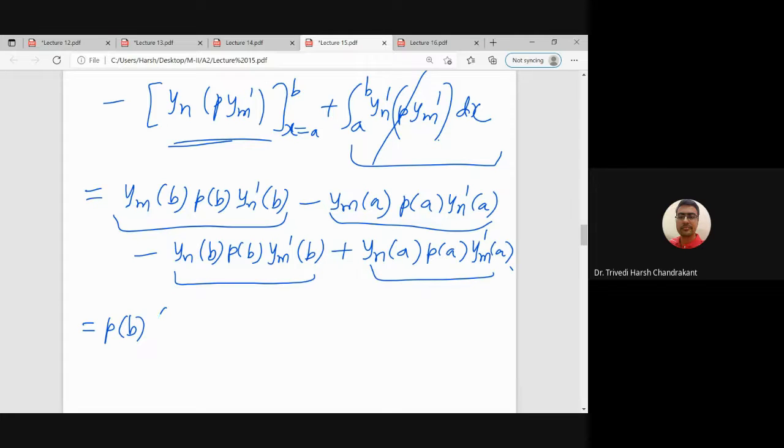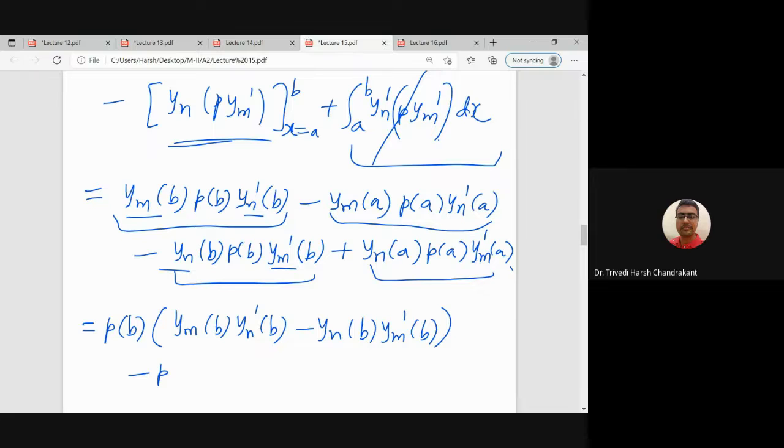So the coefficient of p b will be ym b, yn dash b minus yn b, ym dash b, right? And the last term will be minus p a times ym a, yn dash a minus these terms, that is yn a, ym dash a, right?